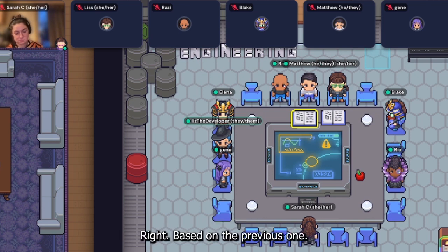Based on the previous one, there's a lot of feedback elements there. So if we can't predict how an economy will go, how come they don't crash?